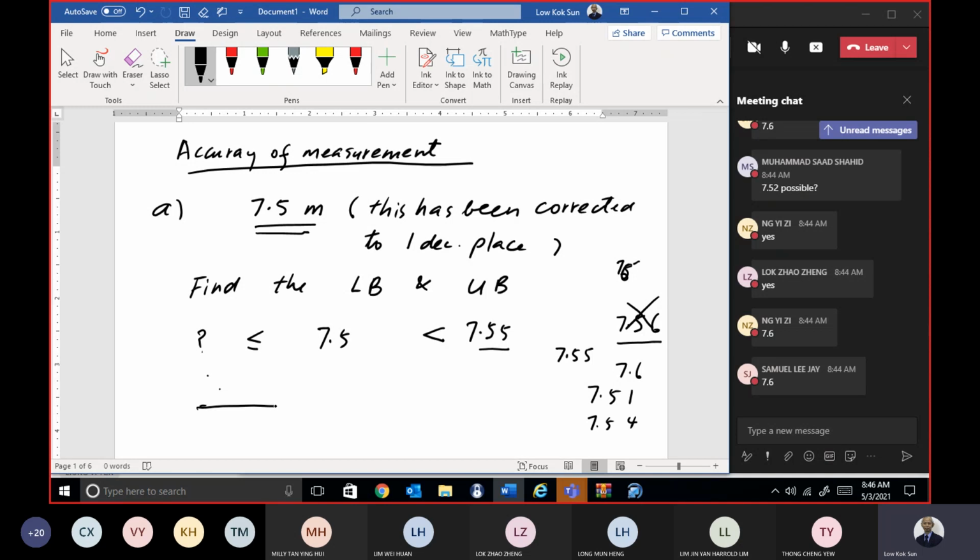We play with a number line. Let's say this is 7.5, and this one is 7.50. This is 7.55, and this side is easy. Can you just tell me what the answer is here? Okay, good.